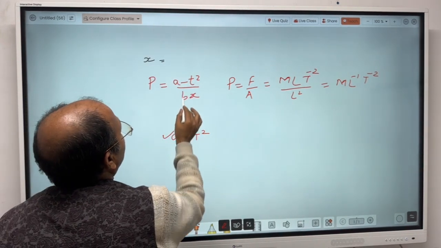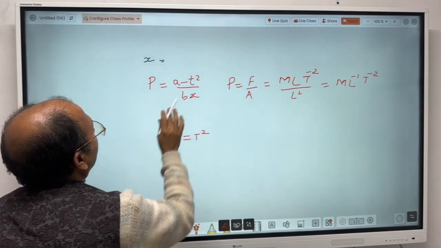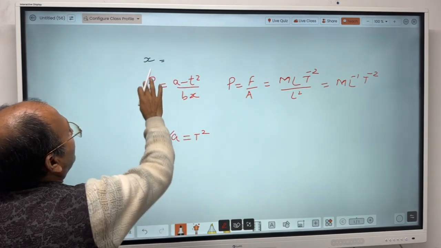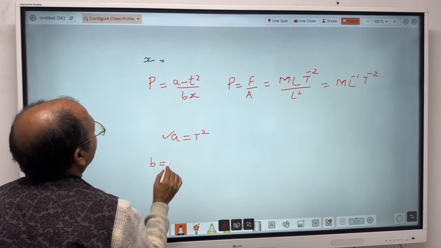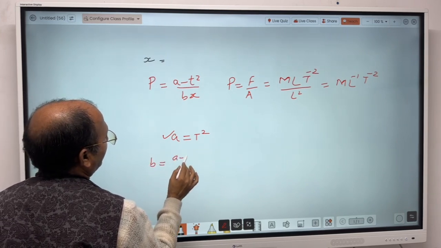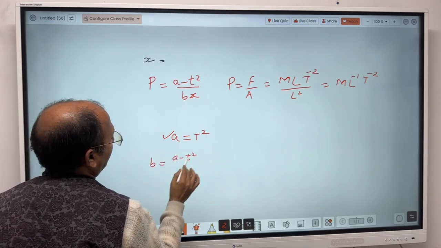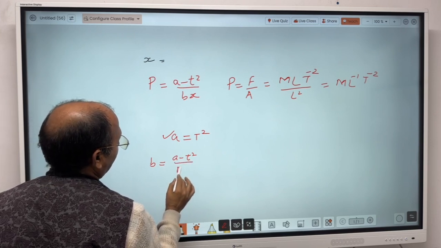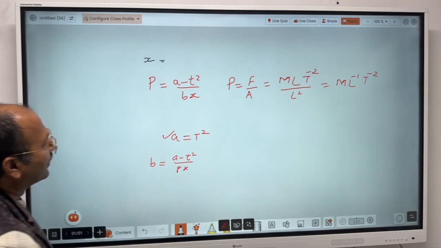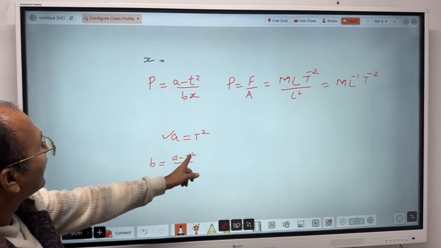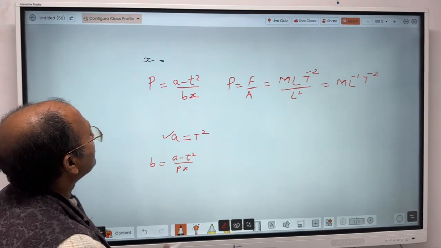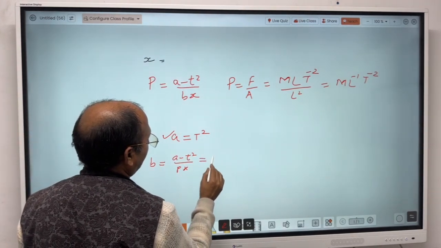Now in order to get the dimension of B, we can put this B over here and P over here. So our equation will be B equals A minus T square divided by P times X. Here A minus T square means the dimension of A or the dimension of T square, so that is just T square.